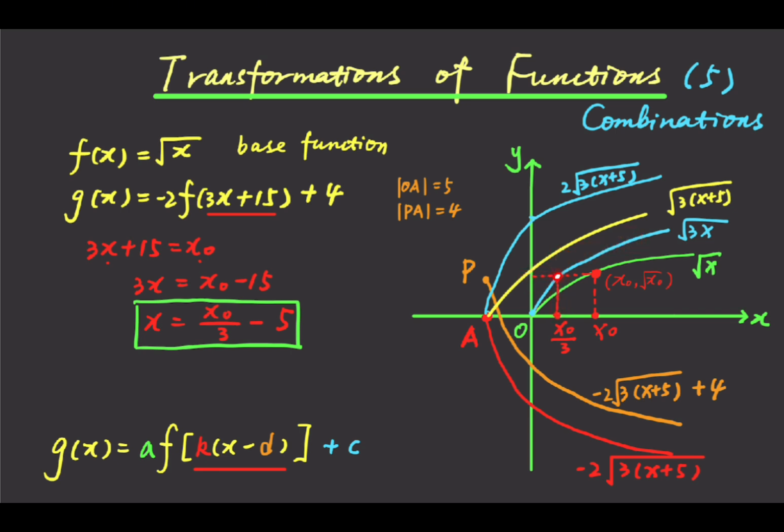So we can locate the original point; its image point on this graph should be here. Similarly, we can locate the other points, first here, then move to the left by 5 units.